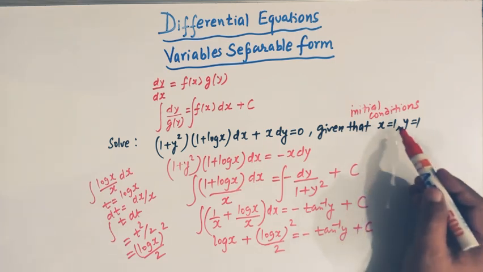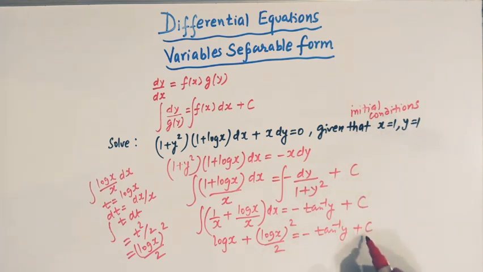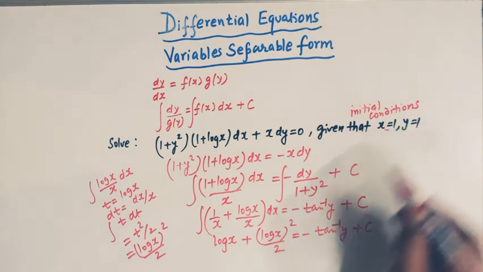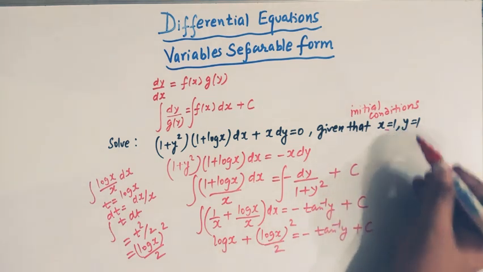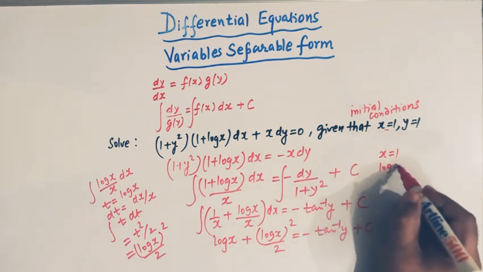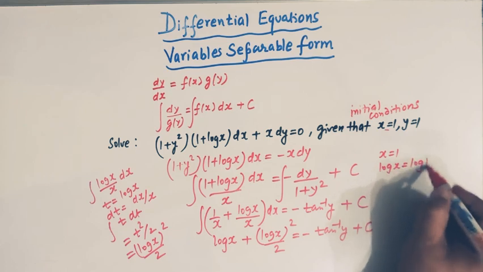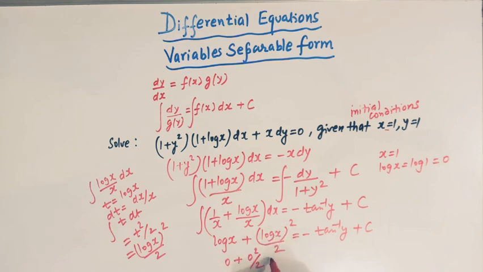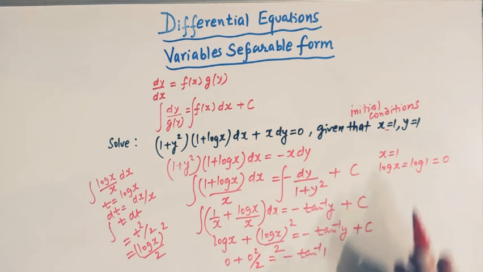Now viewers, here we have to find the value of c by using these values. So when x is 1, y is 1. So when x is 1, log x is log 1, and log 1 is 0. So here we have 0, here we have 0 square over 2, and here we have tan inverse of 1 because y is 1, plus c.